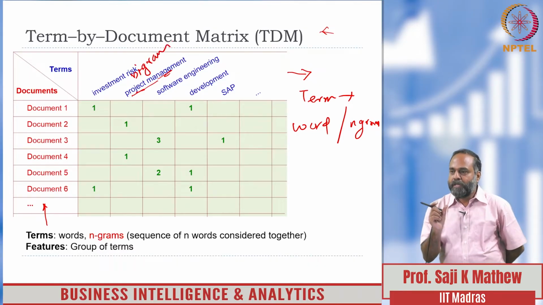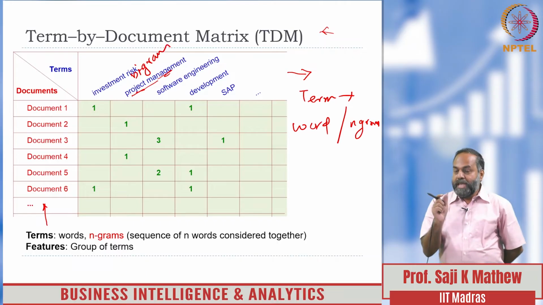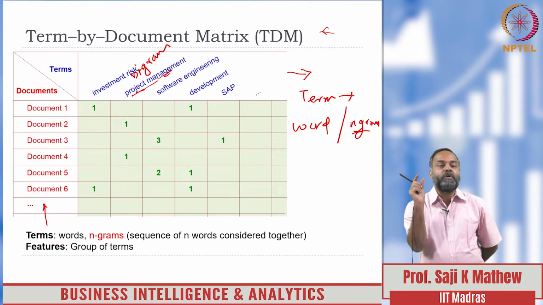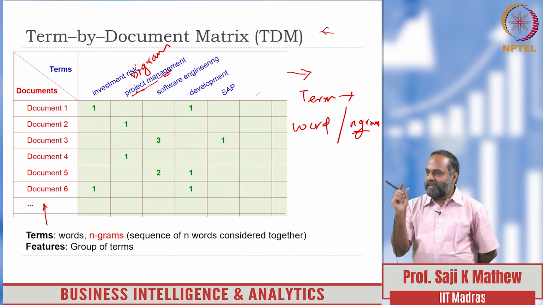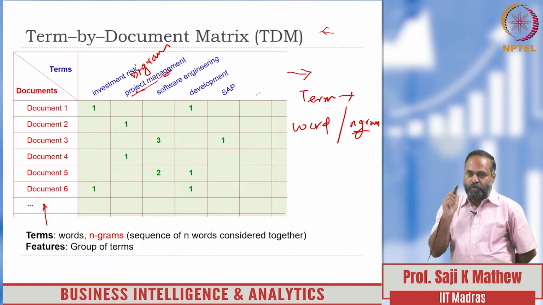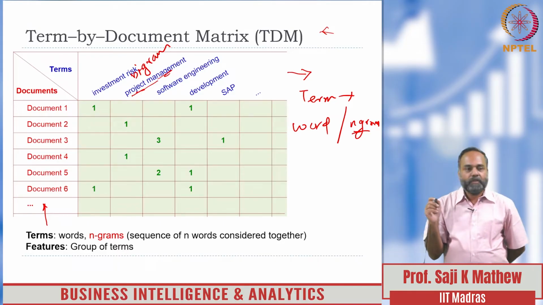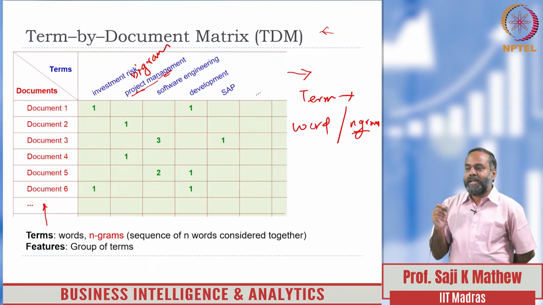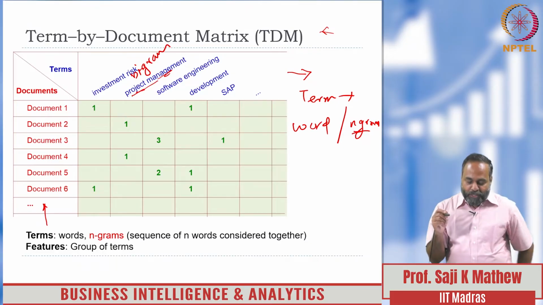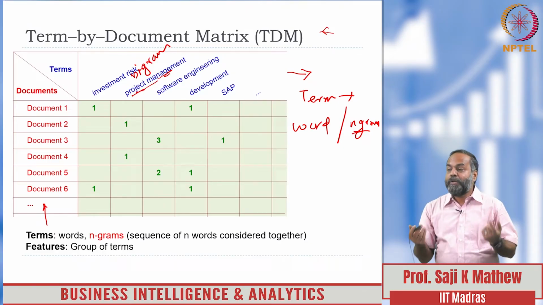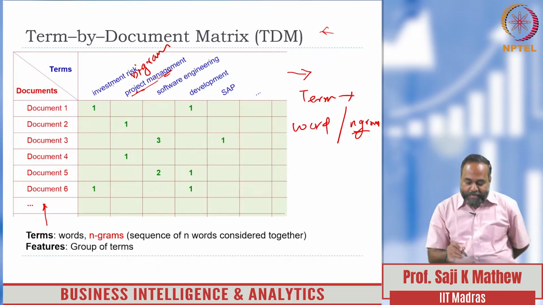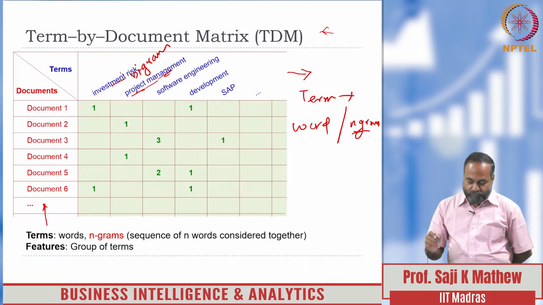This is called a bigram, a sequence of two words. A sequence of n words is known as an n-gram. Software project management is an n-gram with n equals 3. So n-grams are also useful in analyzing how many times, say, project management or investment risk occur together, two words in sequence.